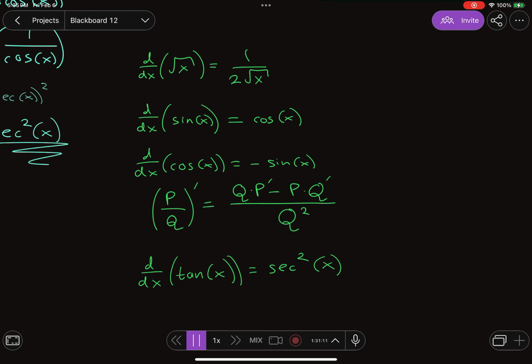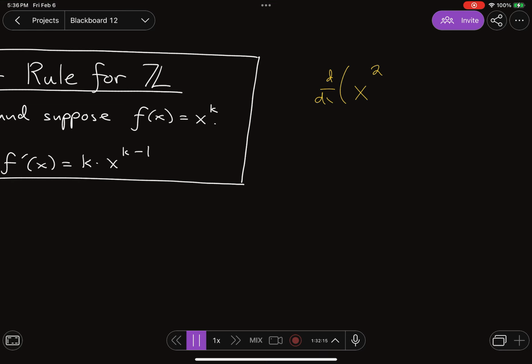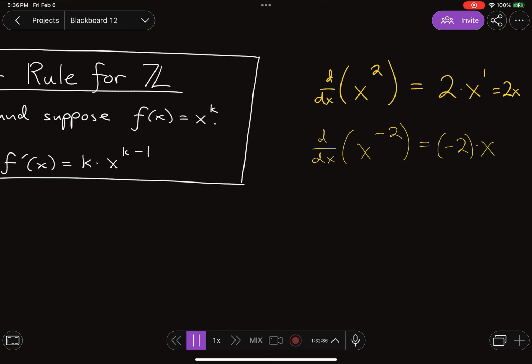So just to show what this says, not only do I know that the derivative of x squared is equal to 2 times x to the first power, which is of course just 2x, I now know that the derivative of x to the negative 2, well, once we prove it, I will know that it also works. So I can just bring the negative 2 down, and then I'll have x to the 1 less than negative 2.